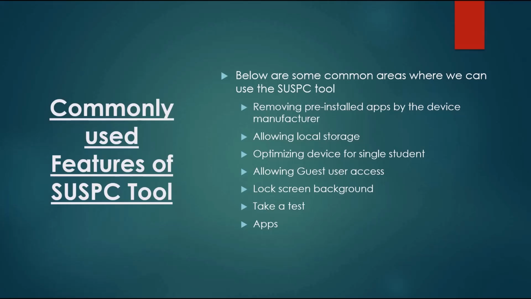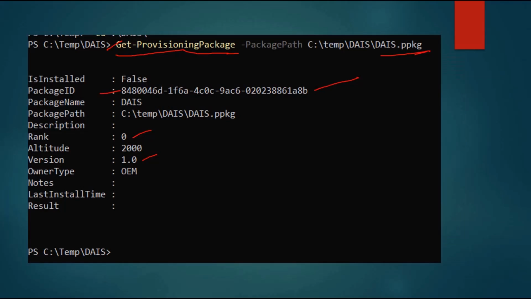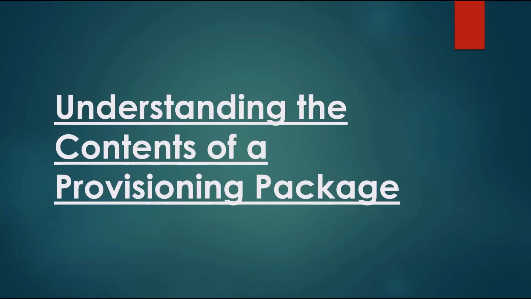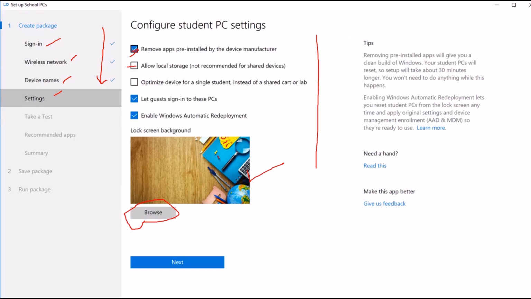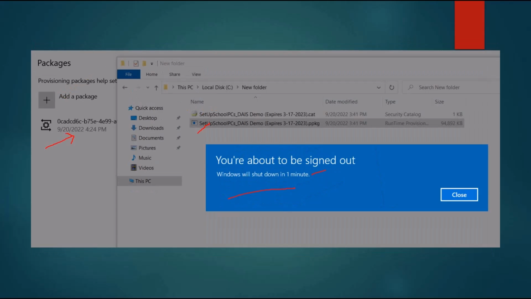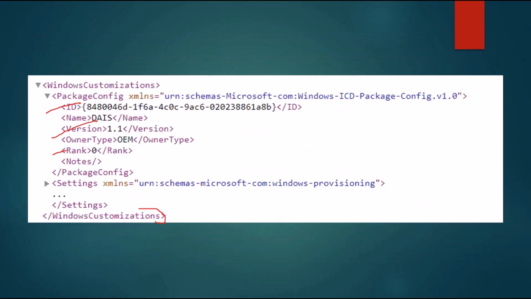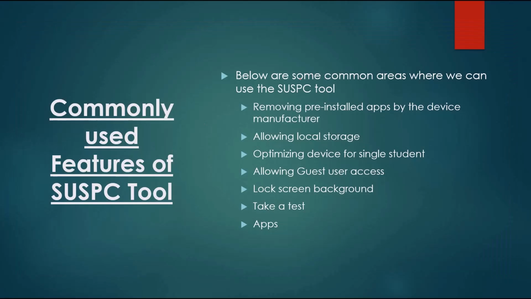Now, the commonly used features of the Setup School PC tool. As I said, when we are using Setup School PC to enroll a device, the number of options is pretty much limited, and these are the only options that we get while we are creating a package using Setup School PC. However, things are different if you're using Windows Configuration Designer. We are going to see both methods in the demo, and we'll see that Windows Configuration Designer provides a lot more options.